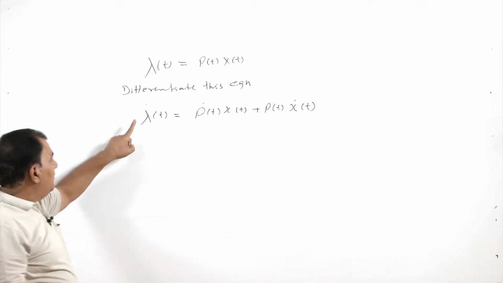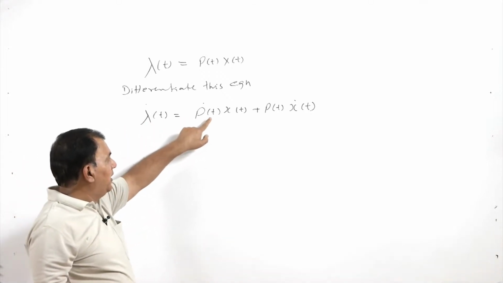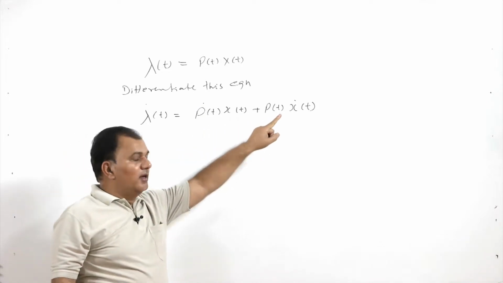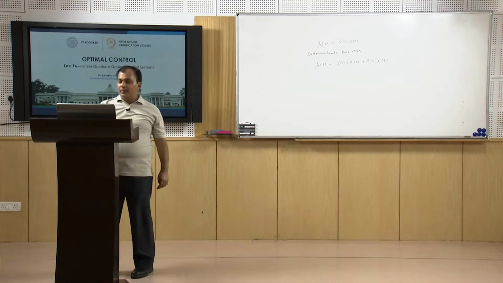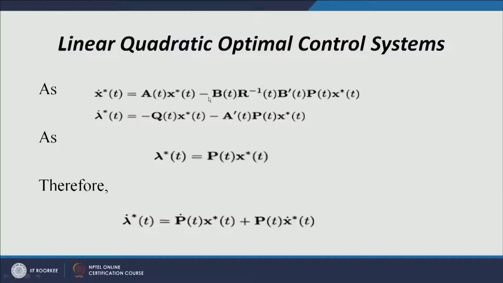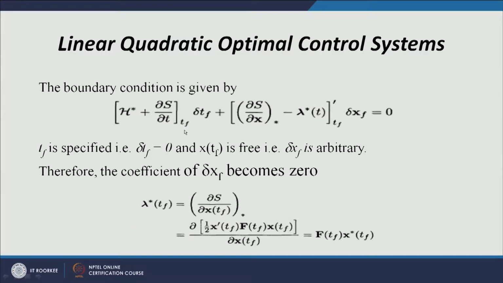So I have the equation lambda dot t as P dot x plus P x dot, and x dot and lambda dot values I can write in terms of my Hamiltonian equation.